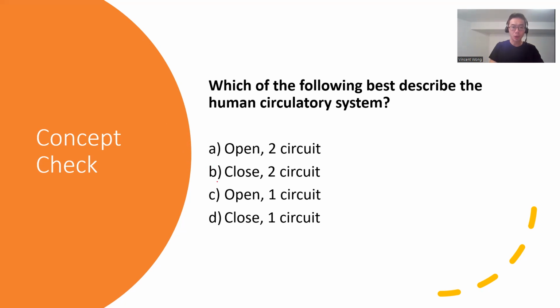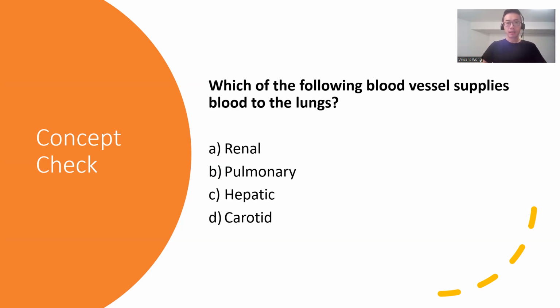The correct answer is closed, two circuits. Okay, closed means the blood stays within the vessel, right? We want that. We don't want blood to be leaking all over the place. That's terrible. Okay, how about this?